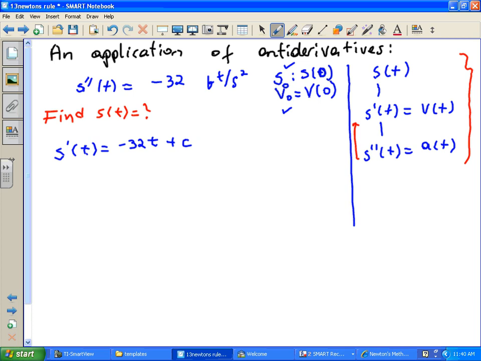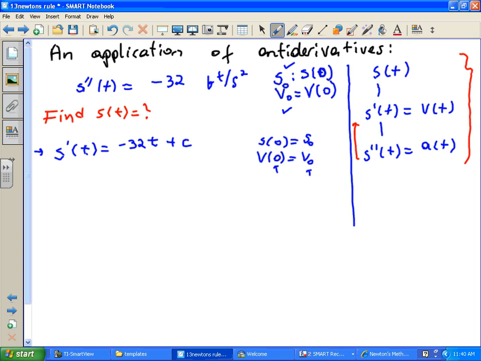Now, since I know that s of 0, the initial height, is s sub 0, and I also know that v of 0 is v sub 0. Right now, I'm doing s prime, and s prime is the same as velocity. So this is telling me plug in 0 for t and set it equal to v sub 0.